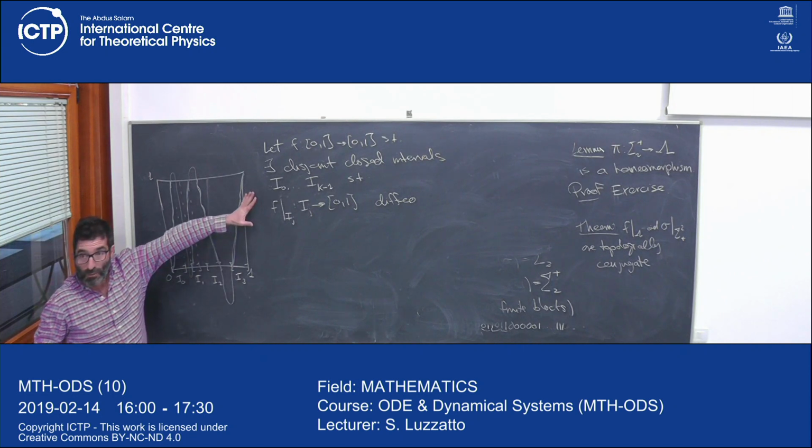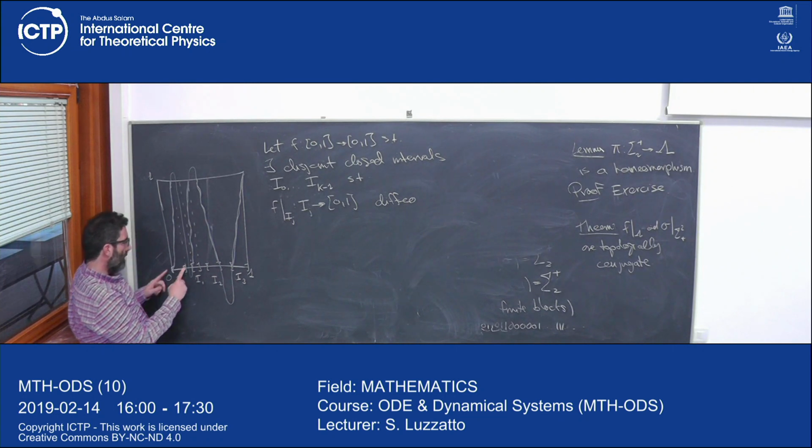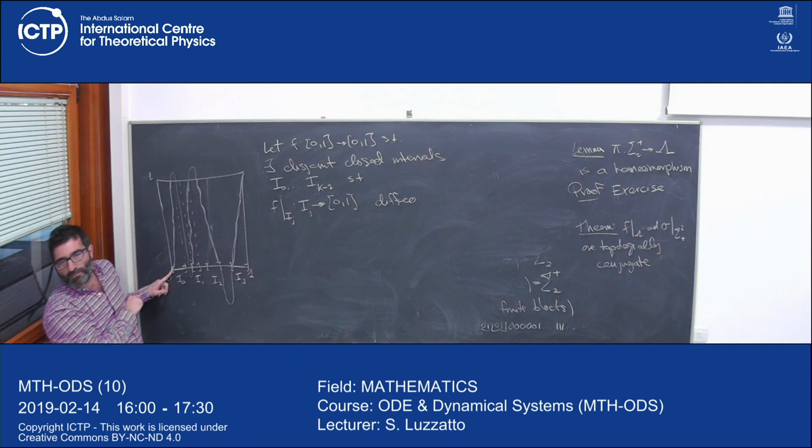Is that clear what I've written? Yes? So you restrict it to each I_j. The map maps I_j diffeomorphically to all of [0,1].